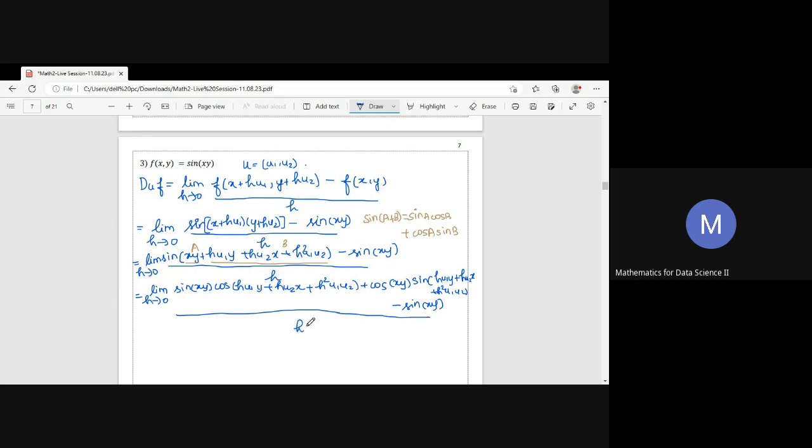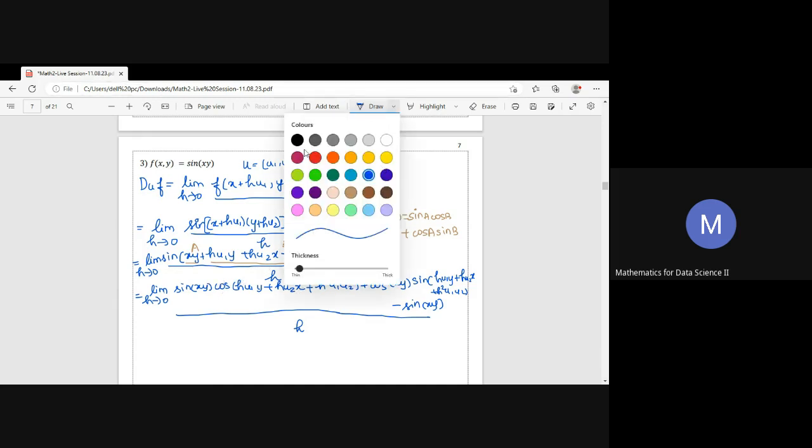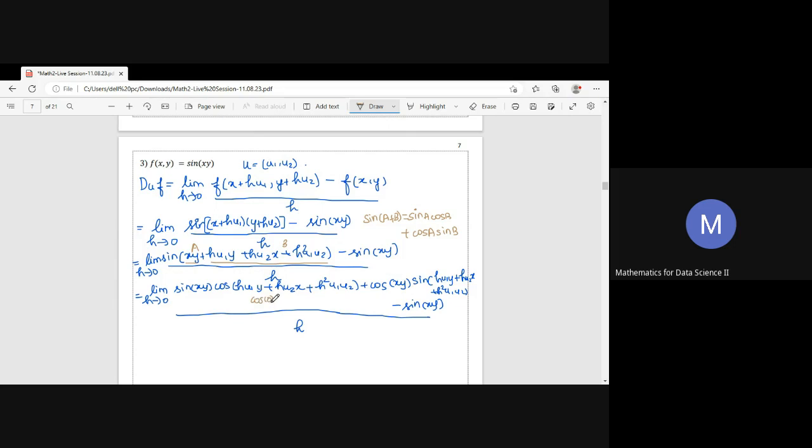All right. Now as h goes to 0, what is happening in the numerator? Just observe. If h is going to 0, this term becomes cos 0. What is cos 0? 1.